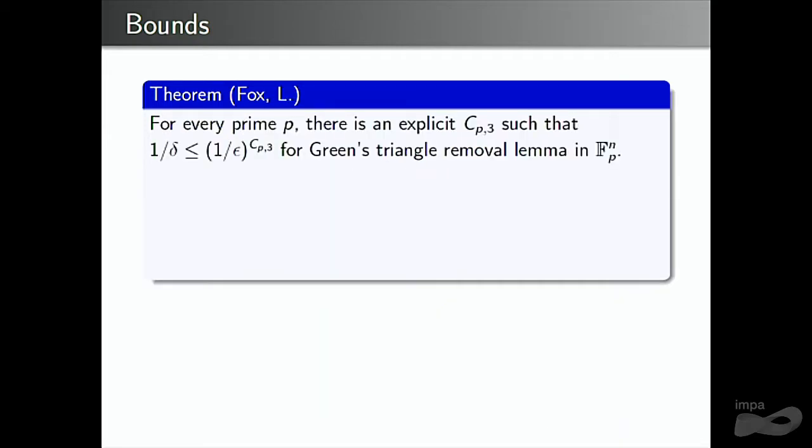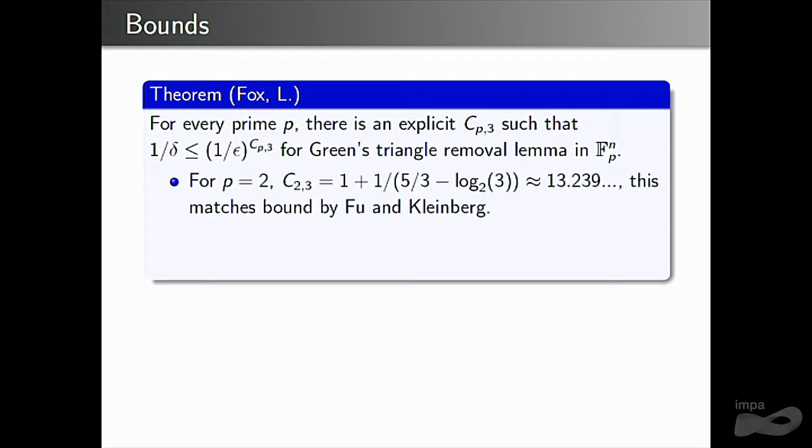So our result is that for every prime p, we can take this 1 over delta to be polynomial in 1 over epsilon in F_p to the n. So for p equals 2, the bound that we get is this number 13.239, which is the same number that I had on the previous slide.